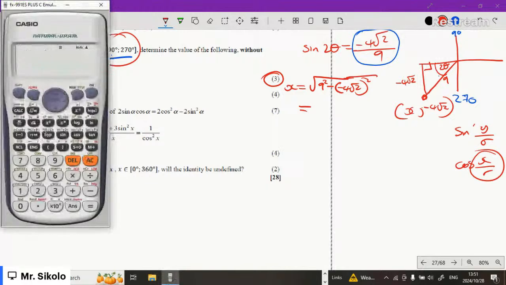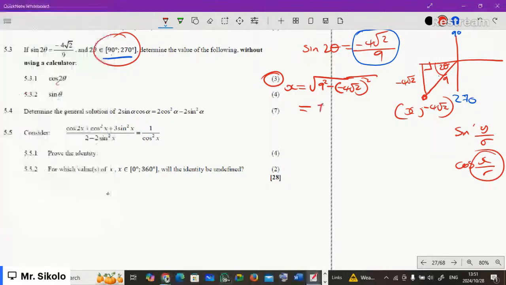So we have the square root of 9 squared, which is 81, minus 16 times 2, surely 32, I think so. So that will give us 7. Okay, then that means x is 7, but because of the quadrant, x has to be negative.